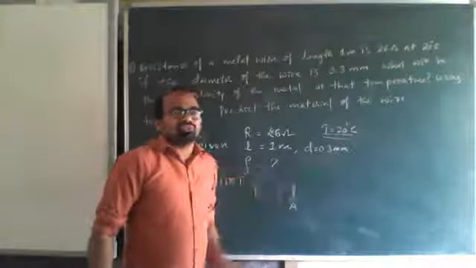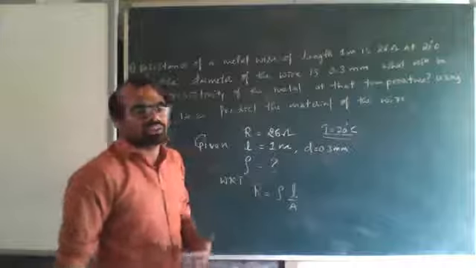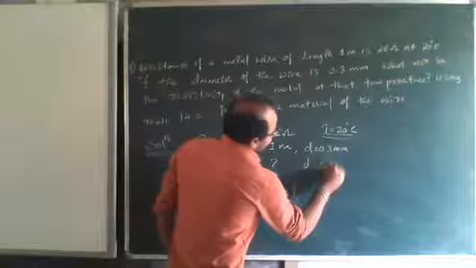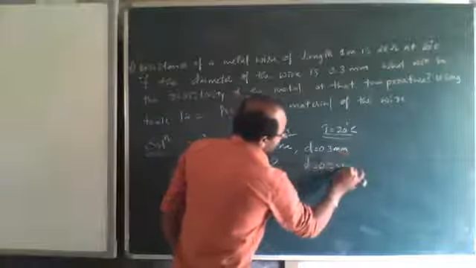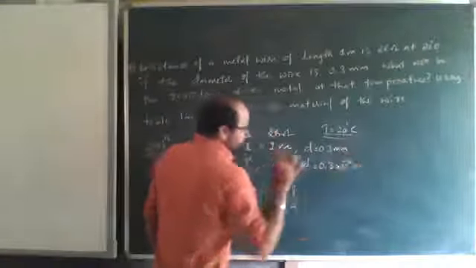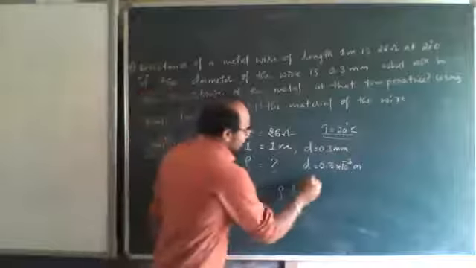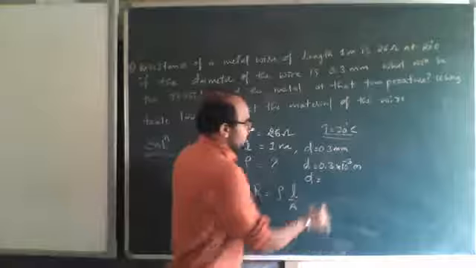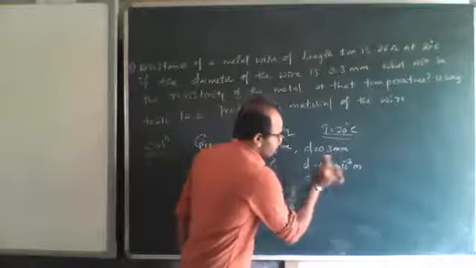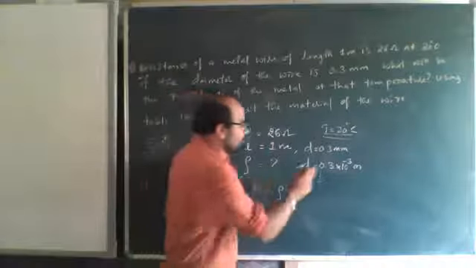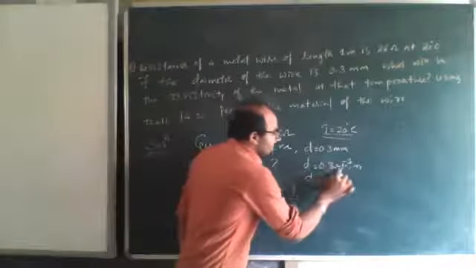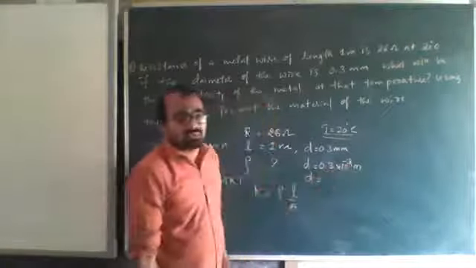Millimeter is not an SI unit. You have to keep everything in SI units. That means D equal to 0.3 into 10 to the power minus 3 meter. I will make this 3. If I make it 3, I have to move the point to the right, and it will become 10 to the power minus 4.